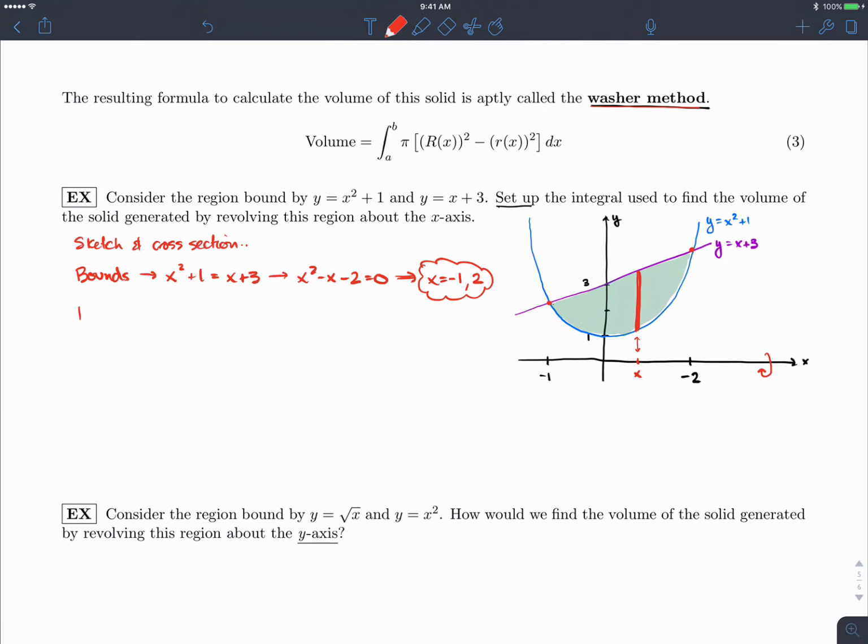Okay, so now we need to determine our radii, because we've got a washer method on our hands. For the outer radius, the outer radius is going to be the curve that is furthest away from the axis of rotation.